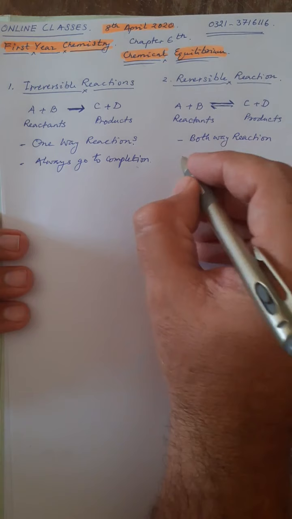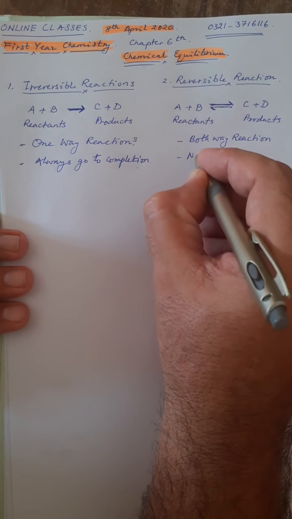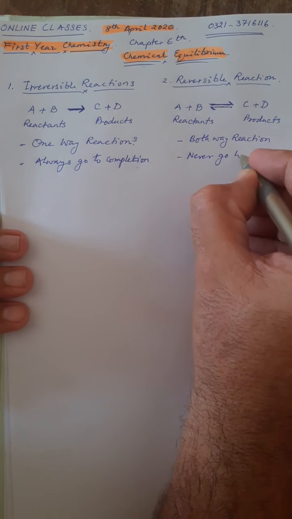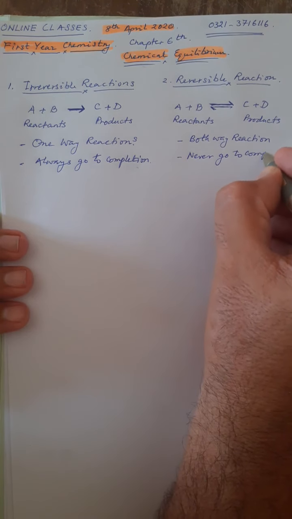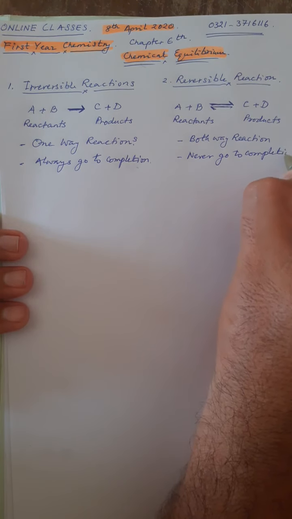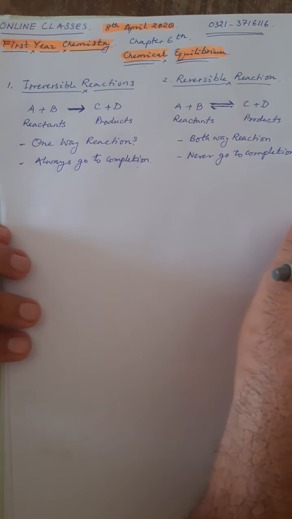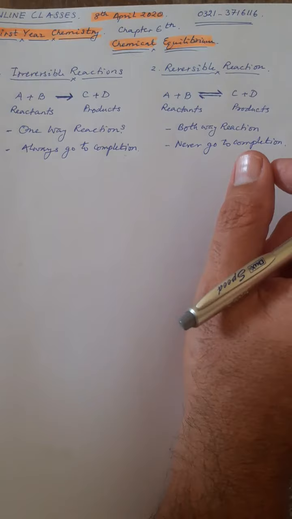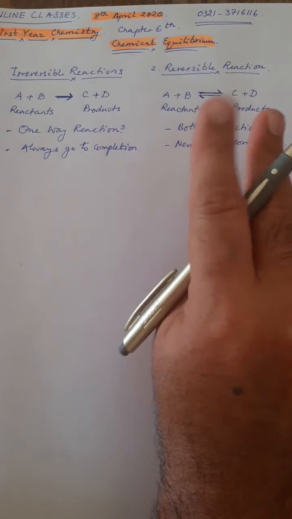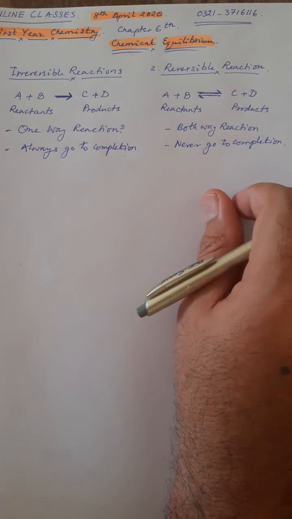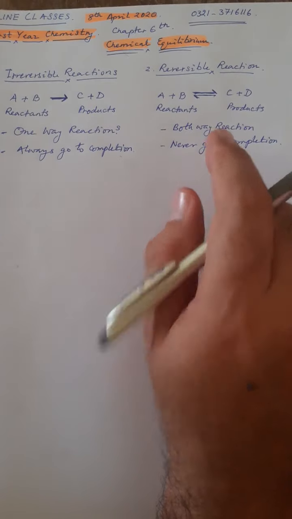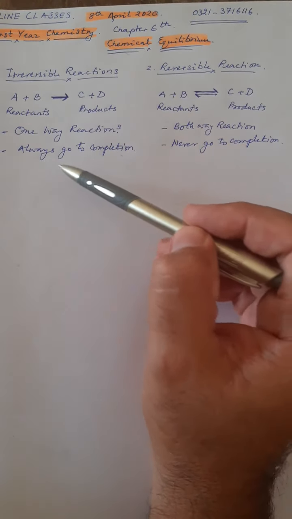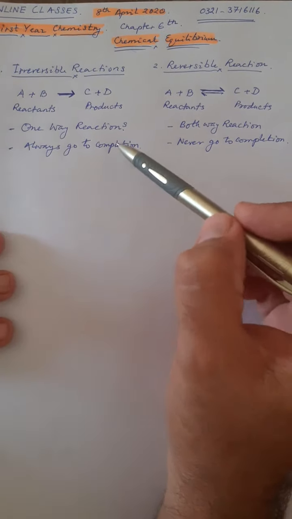And this is a reaction which never goes to completion, because the both-way reaction will allow the reactants to react to make products, and at the same time products will react to make reactants. This process will continue for an infinitely long time, and there is no completion for the reversible reaction. However, there is always a completion for the irreversible reactions.